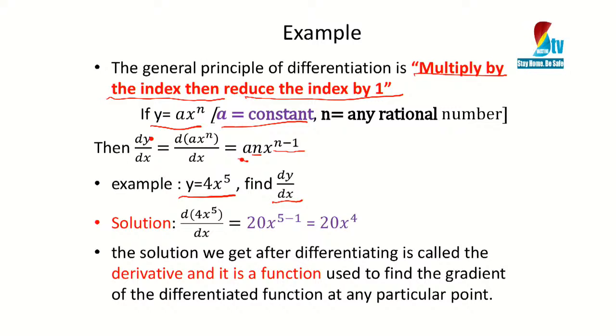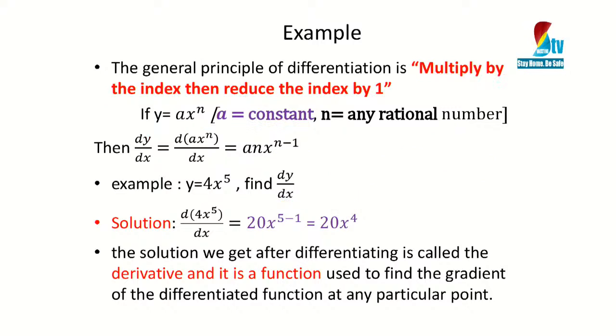We multiply by the index, so the derivative dy dx is equal to 4, which is our constant, times 5, which is the index, and then x to the power 5 minus 1.